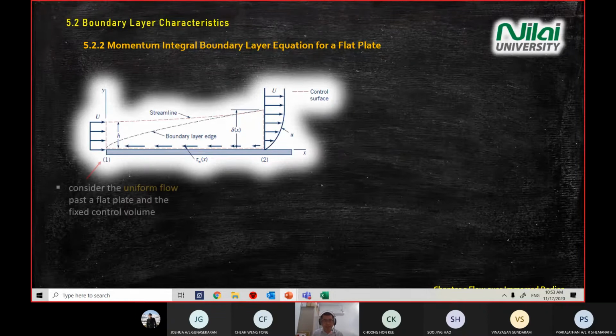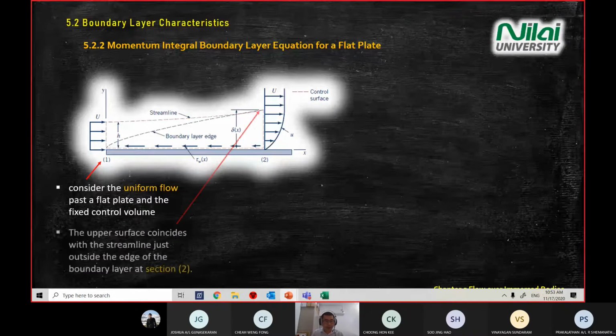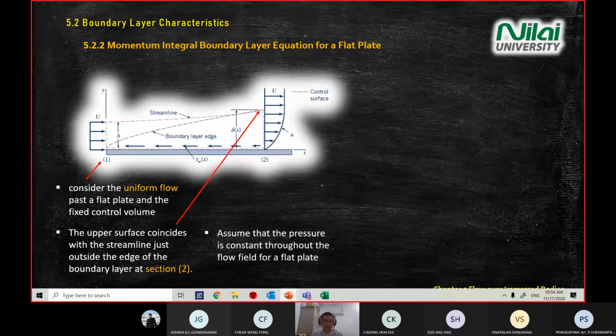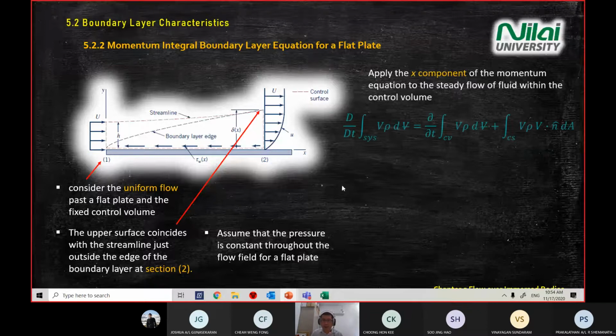So how do we develop it? These are the few notes. Again, we use the control volume and control surface equation for the momentum equation that we learned in chapter 3.